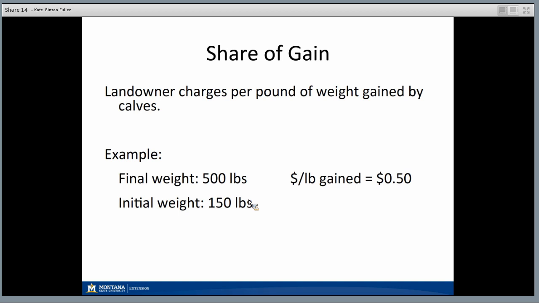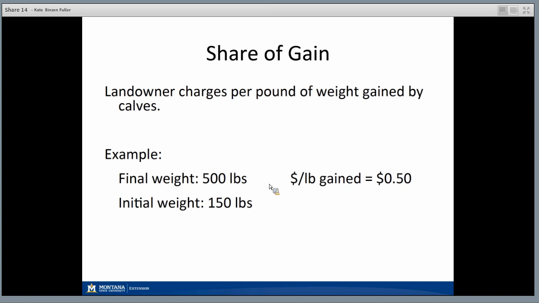So in a share of gain example, the landowner is going to charge per pound of weight gained by calves over the season or over the time that they're on the pasture. So in this example, I'm just going to say that the calves are entering the pasture at 150 pounds, they're coming off at 500, and the price per pound gained is 50 cents.